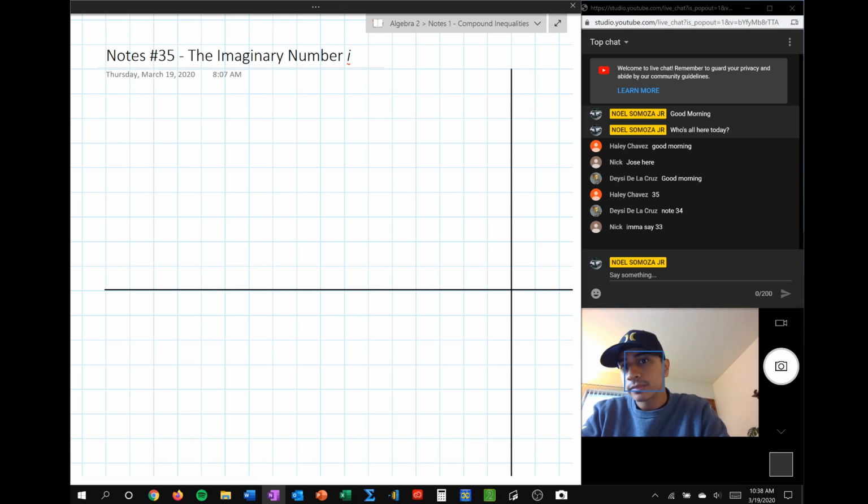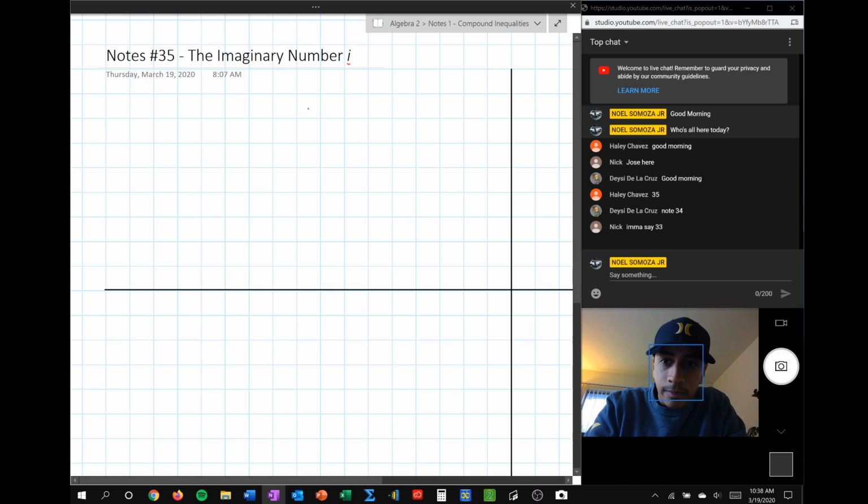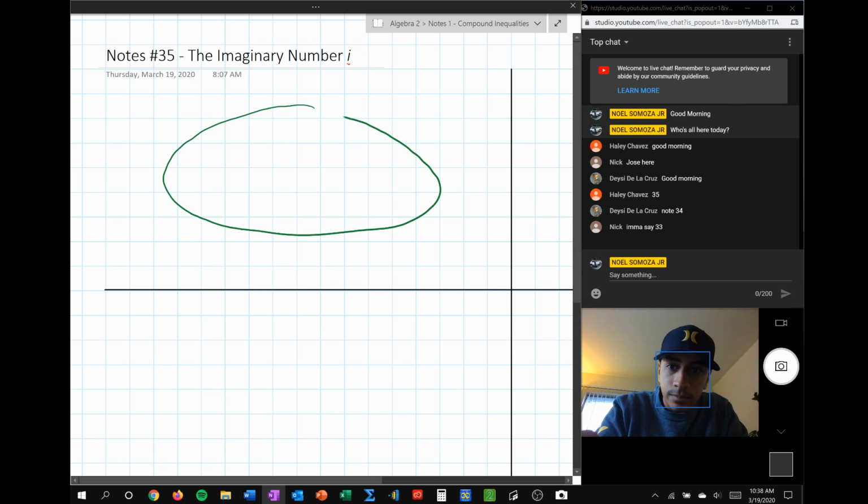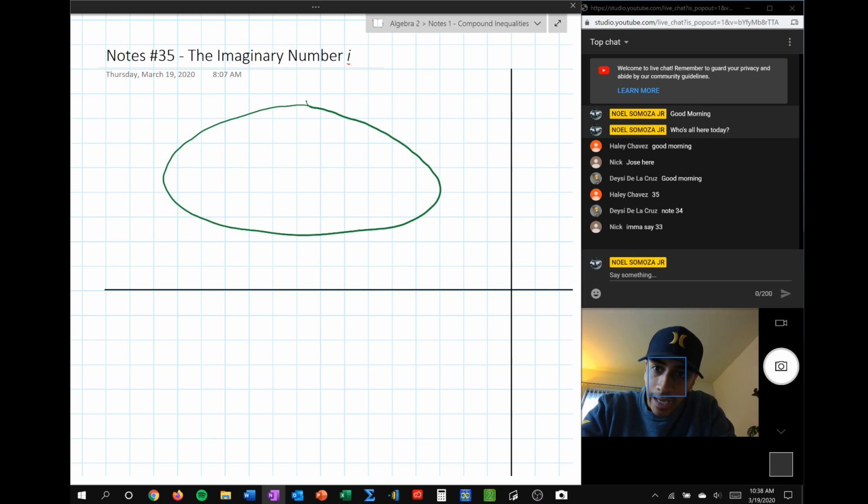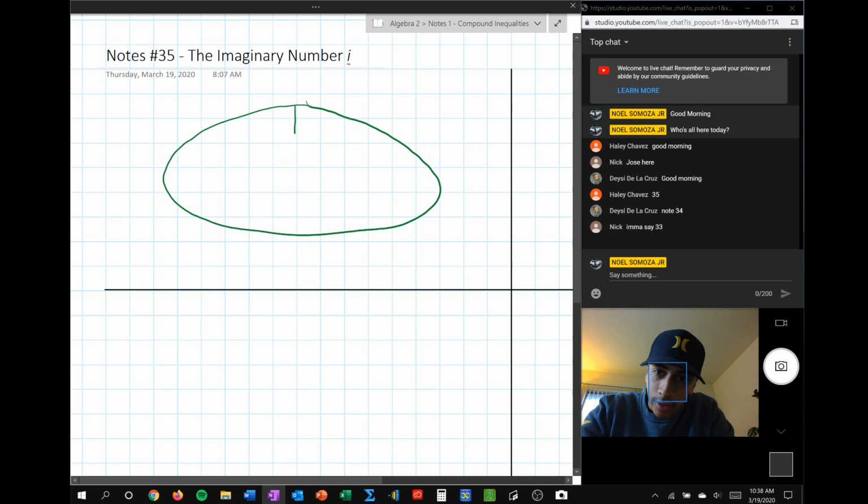The imaginary number comes from, you want to think of this bubble of numbers. Every single number lives inside this bubble. Now the bubble basically has 2 parts to it.